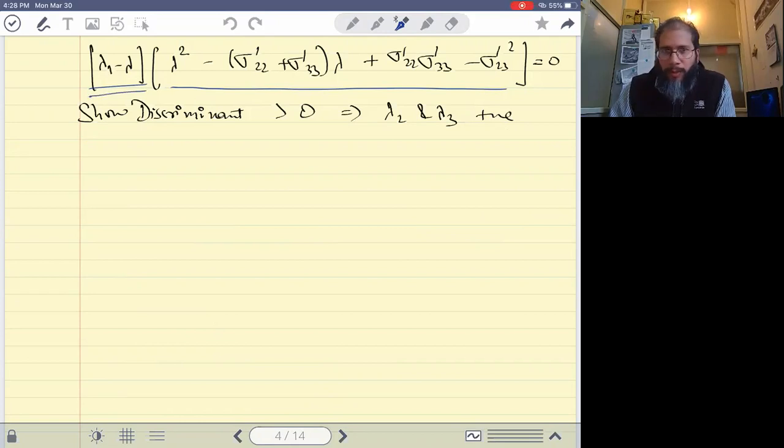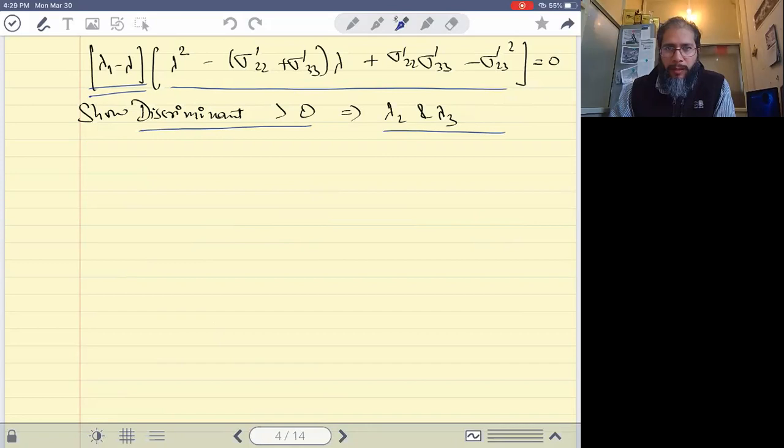So for the remaining quadratic equation, if we find the discriminant of this equation, we can very easily show that the discriminant is greater than 0. Okay, so if we show that, then what we have shown is that the other two principal values or eigenvalues of this equation are also real.